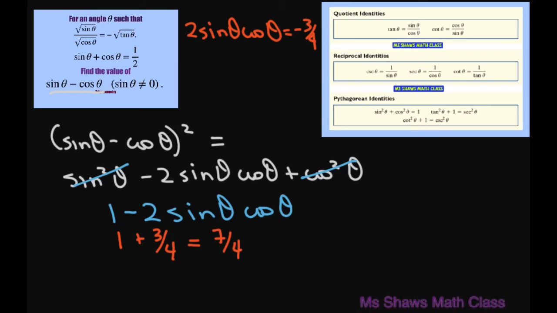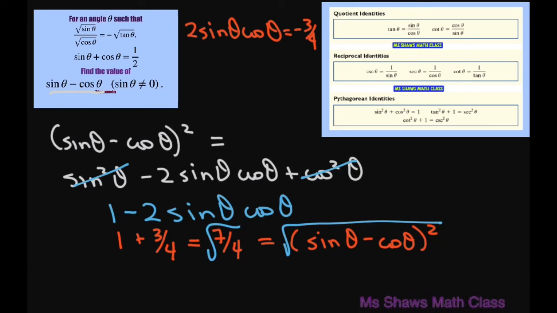So what we have is that this equals sine of theta minus cosine of theta, squared. When you take the square root of both sides, you're going to get plus or minus the square root of 7 divided by 2 equals sine of theta minus cosine of theta.